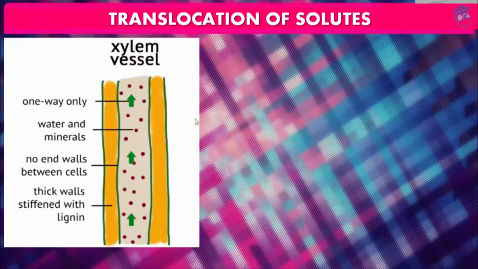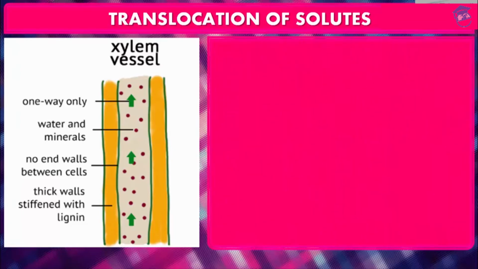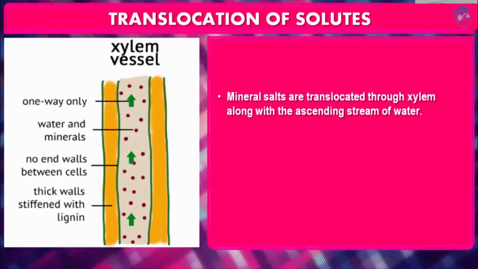Translocation of solutes, students. We have seen that mineral salts are translocated through the xylem, more specifically the xylem vessel, along with the ascending stream of water, which is pulled up through the plant by transpirational pull. It is seen that analysis of xylem sap shows the presence of mineral salts in it. So this is your xylem vessel.